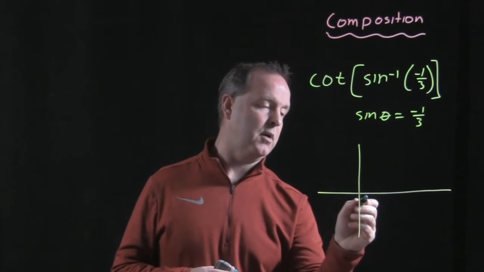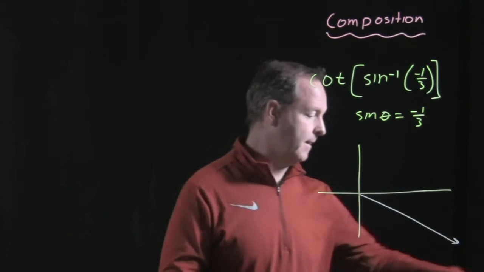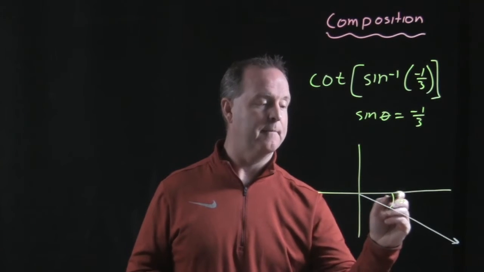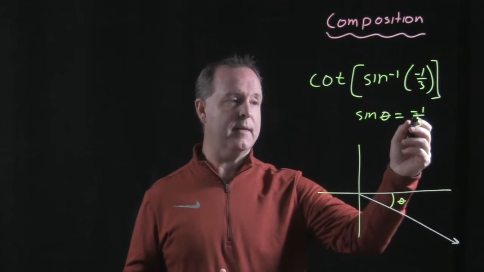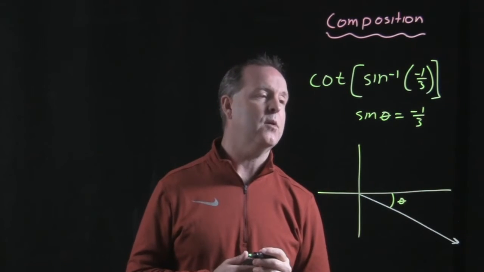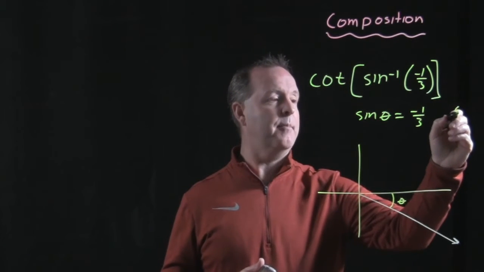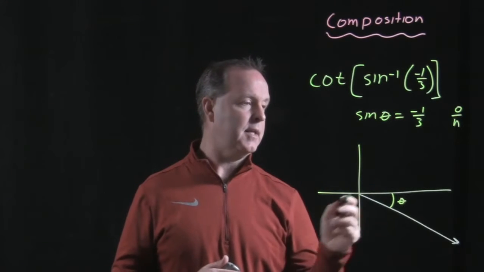So let's go ahead and draw, just for sake right now, I'll draw this arrow in one spot where I'm going to have my theta. It's in the fourth quadrant, so that tells me then that my values of 1/3, sine of theta is opposite over hypotenuse. My hypotenuse is 3.